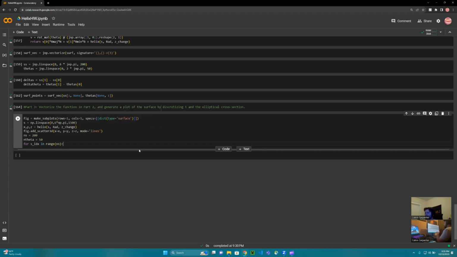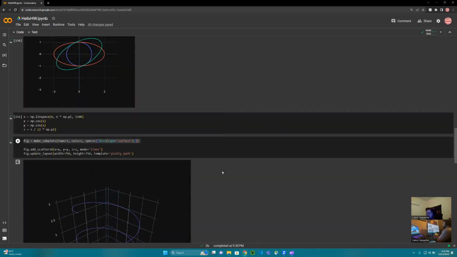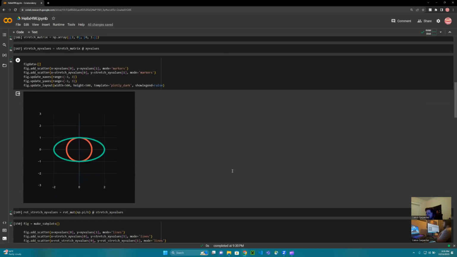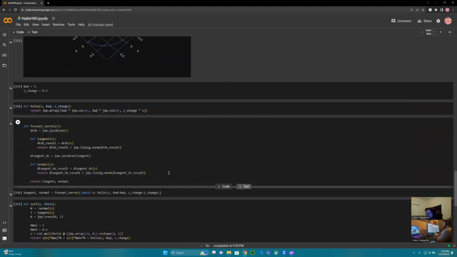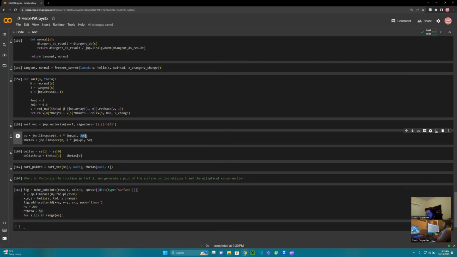Okay. So our NS value, I just restated these here, but they were already being used. Where was it? Right here. So this is our S value. This is our NS, or sorry, this is our N theta.